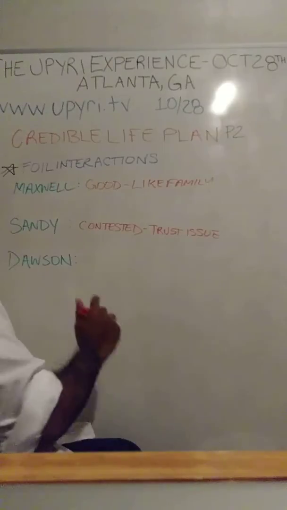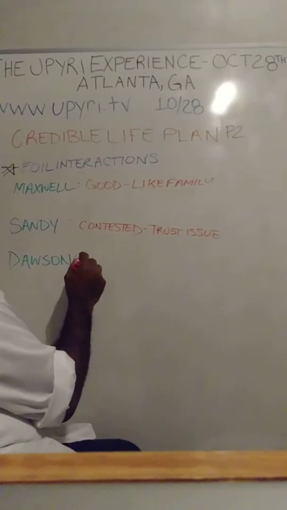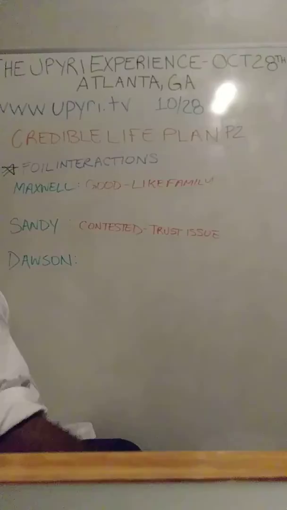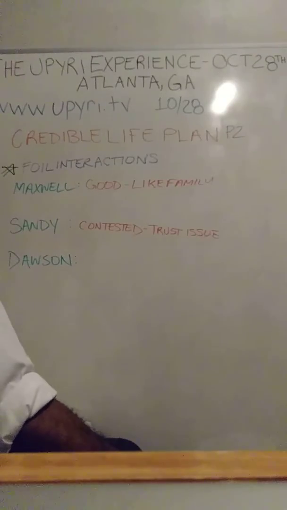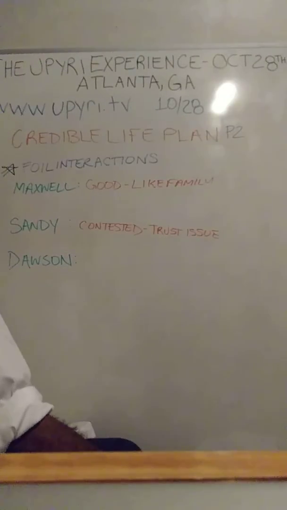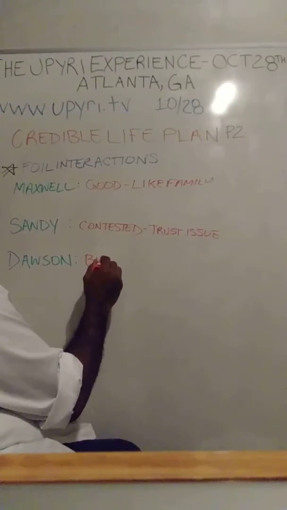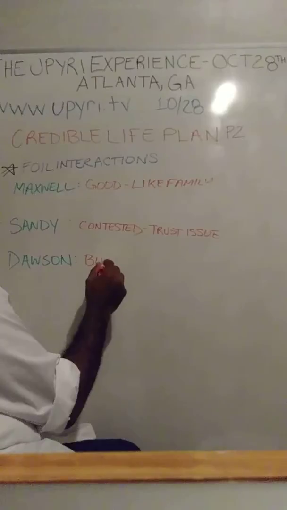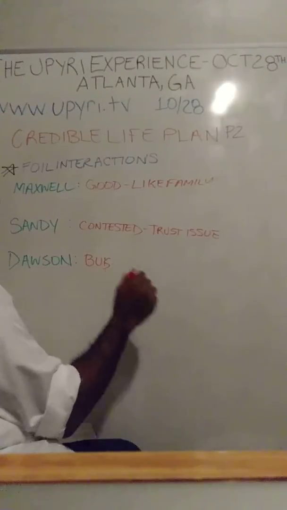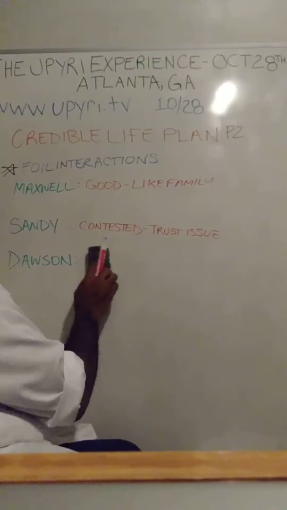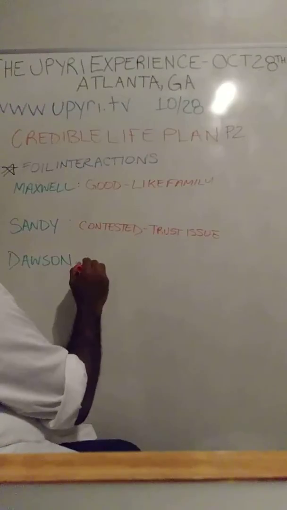And then finally, Dawson. With Dawson, he's the homie, but Dawson is trade. So it's a business before pleasure type of situation. There's always some kind of exchange that's happening.